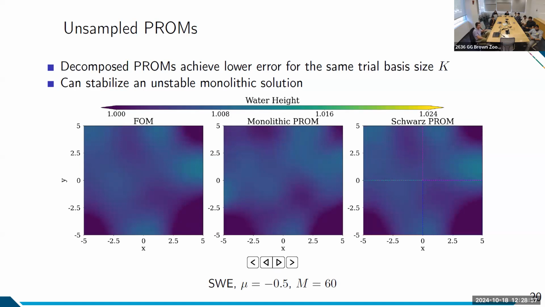Fairly granular picture here on the screen, but in the eyeball norm, you get a generally lower error for the same fixed trial basis size, because your local trial basis is better representing that local subdomain space, just because you are able to optimize that basis for any local dynamics that are happening in that area, as opposed to having to optimize over a global solution, which may have much more varied dynamics.